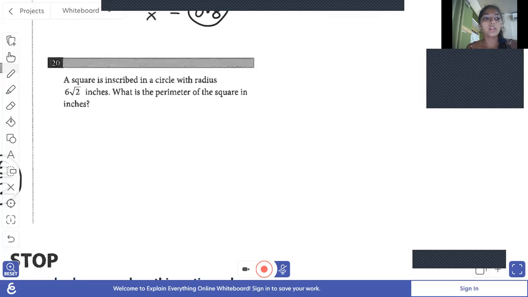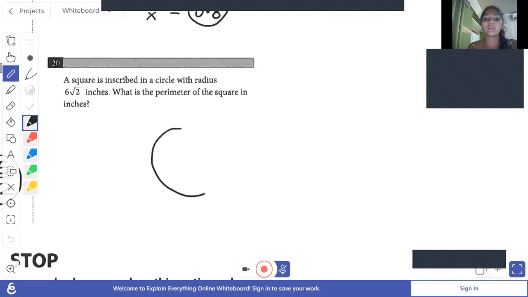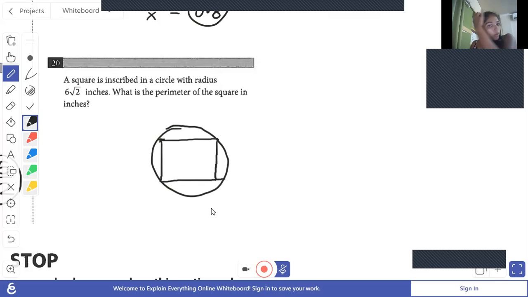Last question. A square is inscribed in a circle with radius 6√2 inches. So this is a circle, and the square is inscribed within the circle. What is the perimeter of the square in inches? So we know that the radius equals 6√2.